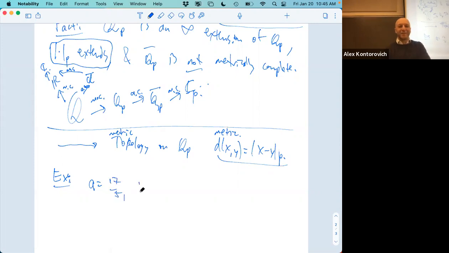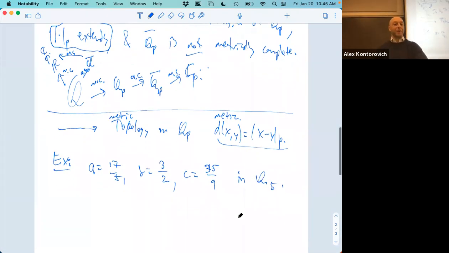Another one. Floor of pi over floor of e. I'll give you 15 over 9. Beautiful. Actually, 35 over 9, even better. And then in Q_5.